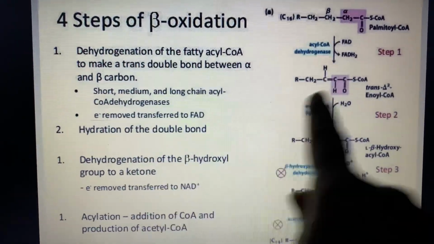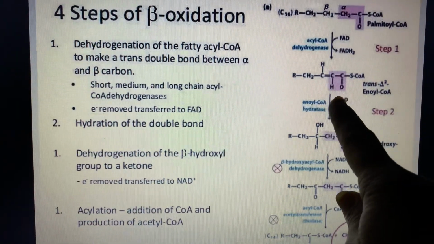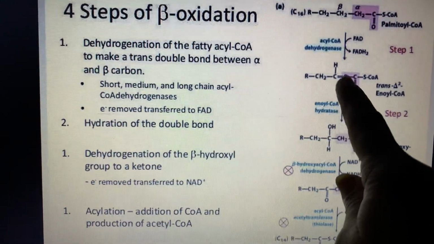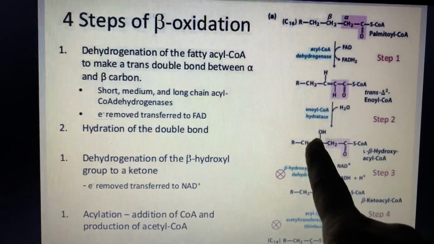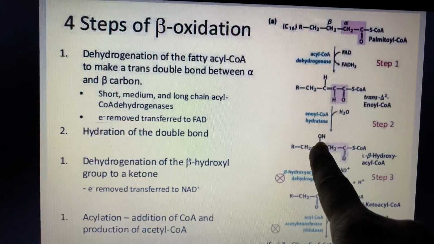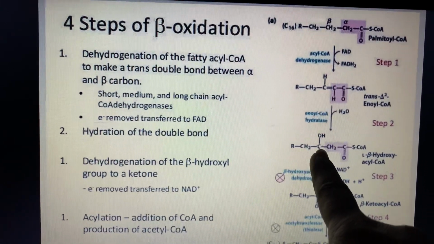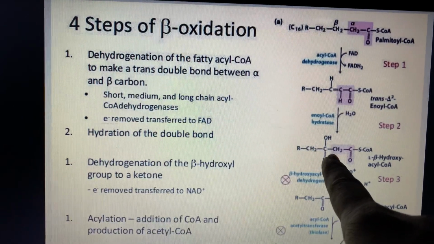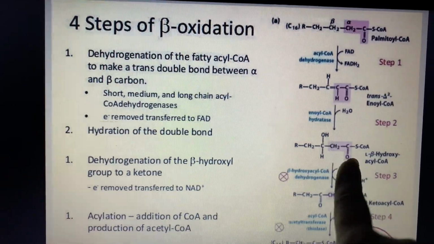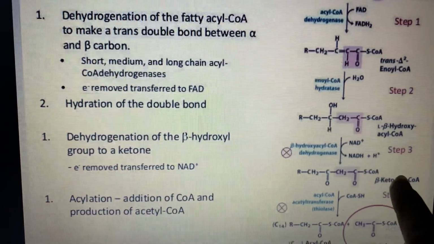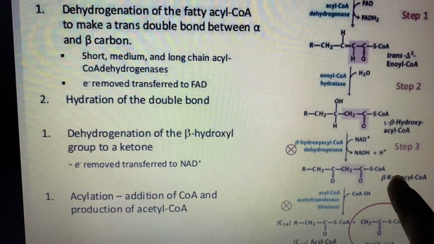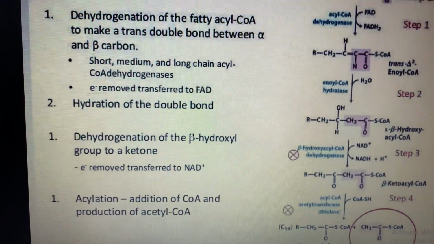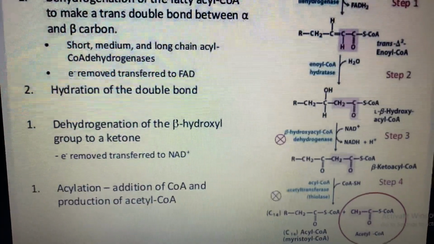In the second step, hydration of the double bond occurs at this point, and OH is added on this side at the beta carbon, and hydrogen is added on the alpha carbon. In step 3, dehydrogenation of the beta hydroxyl group to a ketone occurs.